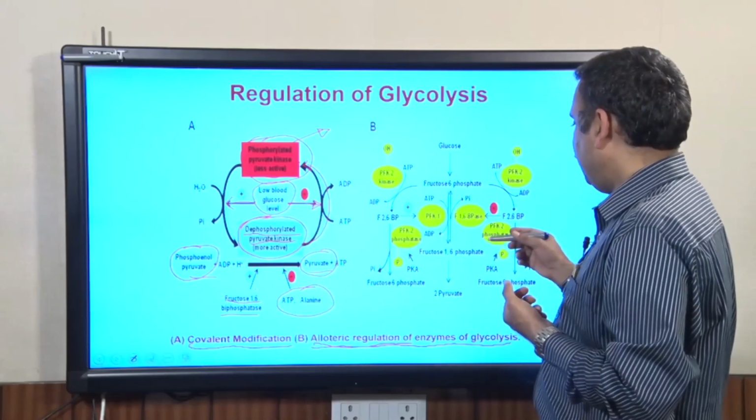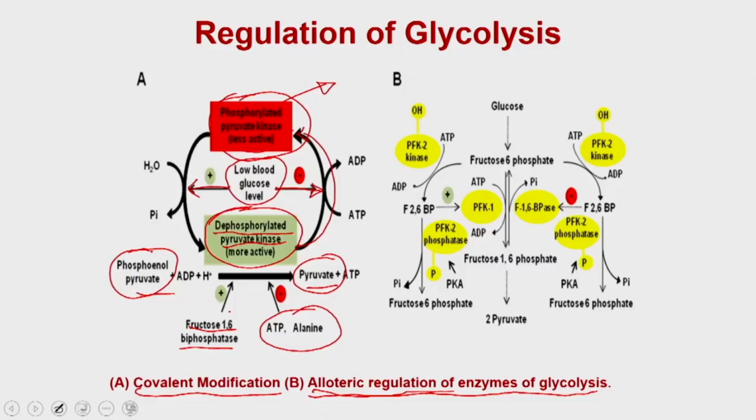So, you can imagine that fructose 6 phosphate is getting converted into fructose 1,6 bisphosphate, and this reaction is catalyzed by phosphofructokinase. Phosphofructokinase has an allosteric binding site for fructose 2,6 bisphosphate, which is neither a substrate nor a product of this reaction, and because of that it modulates its activity.